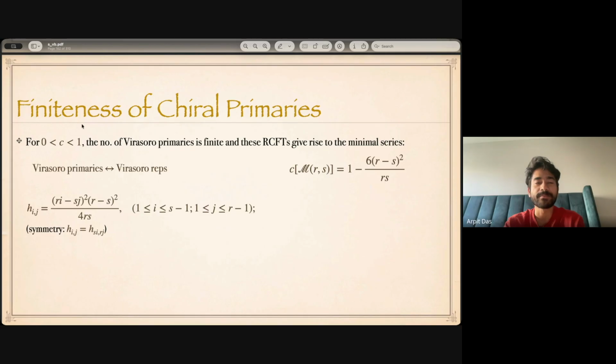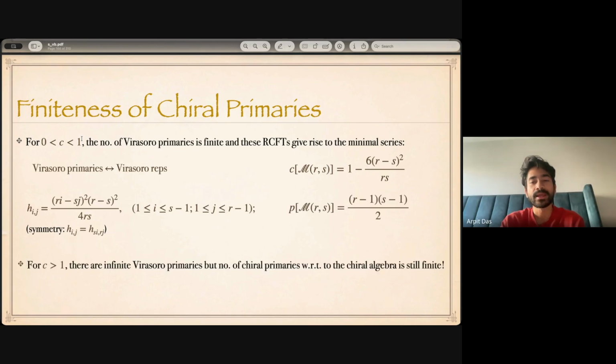The initial CFTs were discovered by Belavin, Polyakov, and Zamolodchikov. If your central charge lies between 0 and 1, you always have a finite set of primaries. That's what they found, and this is called the minimal series, very important in condensed matter. The 2D Ising model is one such minimal model. But as soon as you have central charge greater than 1, the number of representations becomes infinite.